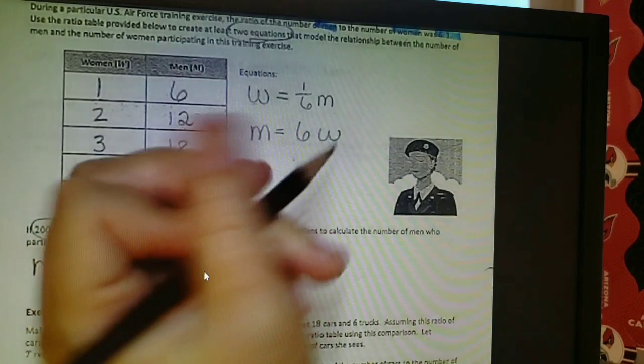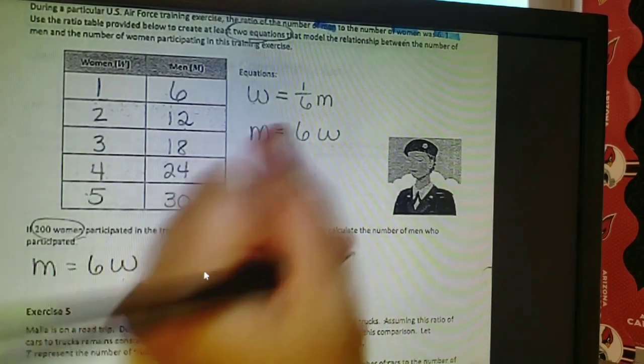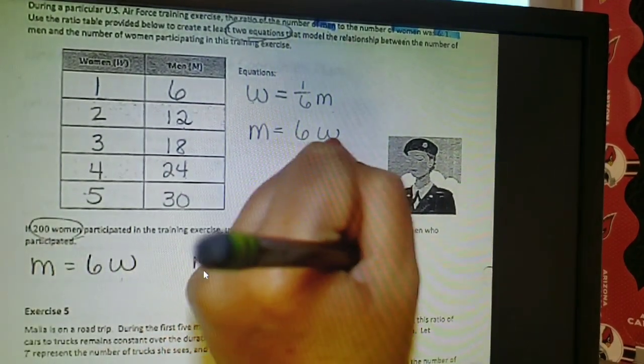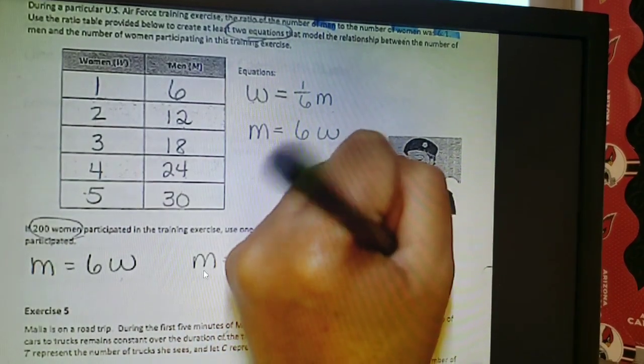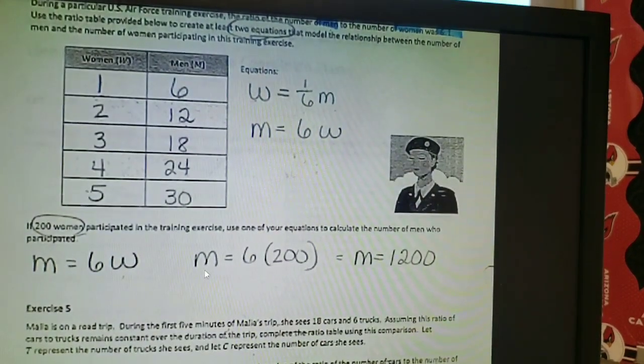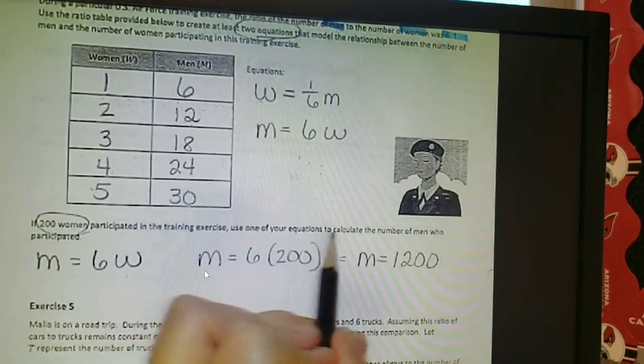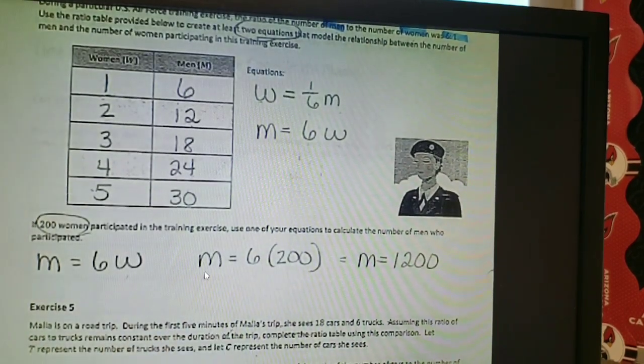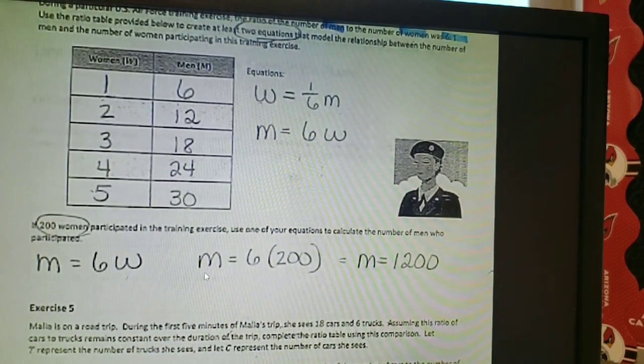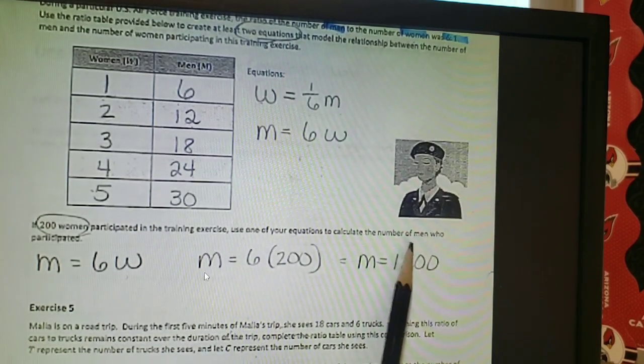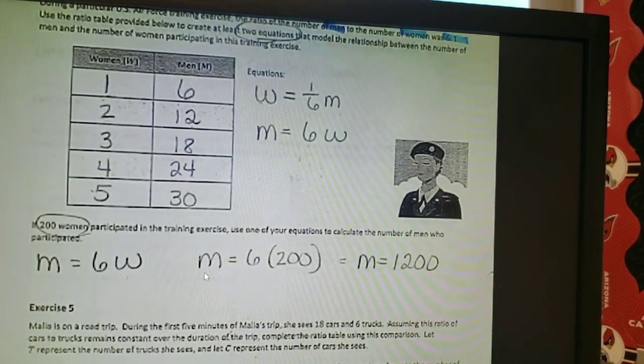If we multiplied that out, we would have men equals 1,200. Anytime you see calculate, that just means find the answer, and we want the number of men as our final answer.